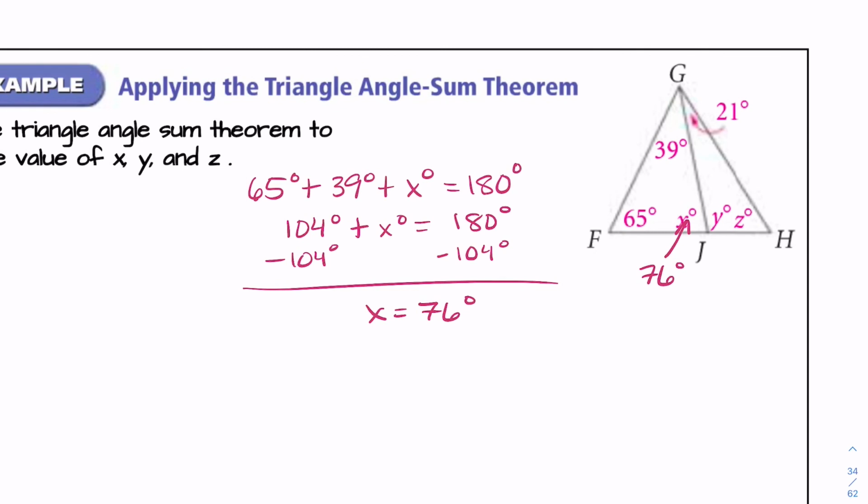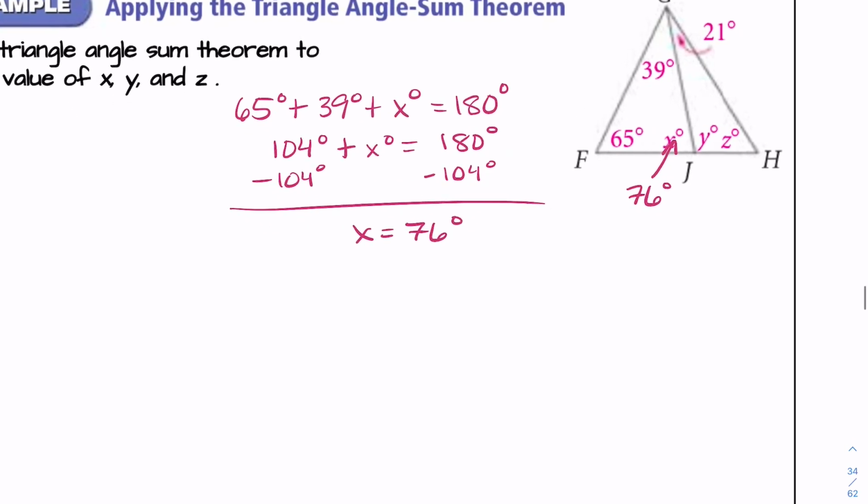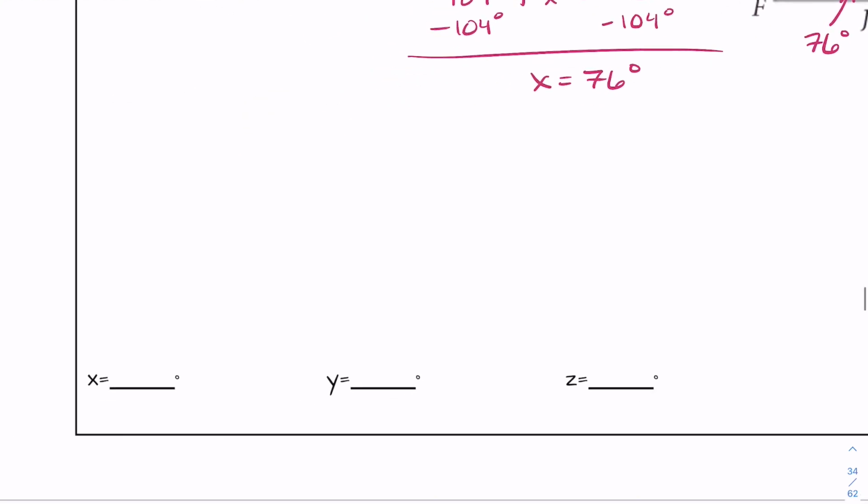So again, it's going to be the difference of 180 and 76. So that's another way. I could also find z by doing this outside triangle here, right? So this angle, this angle, and this angle all have to add up to 180. So I could literally do that to find z. Oh, so let me put 76 down here.